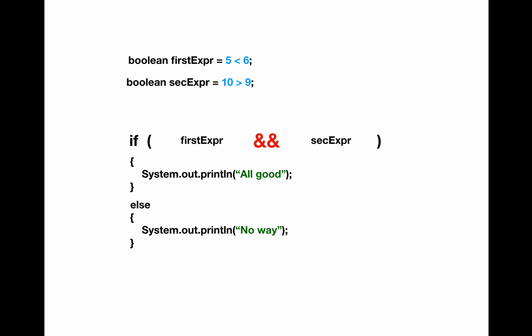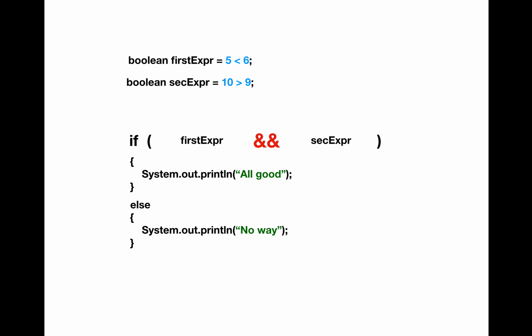An expression doesn't just have to be true or false. It can be something that has been compared with an operator. In the case of the first expression, we have 5 less than 6, which would evaluate to true. And then we have 10 is greater than 9, which would evaluate to true as well. So in this case, both of them are true.